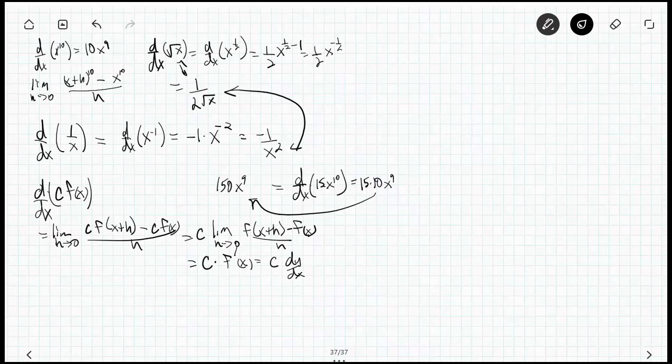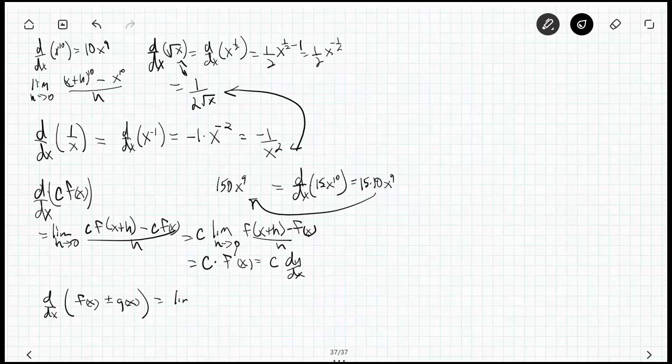Okay, now how about the derivative of a sum or difference? This is going to be f of x plus or minus g of x. Well, what does your intuition say about this? The derivative of a sum or a difference? Well, let's look.